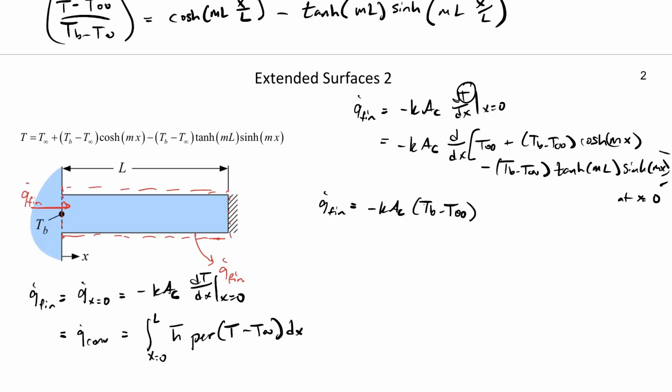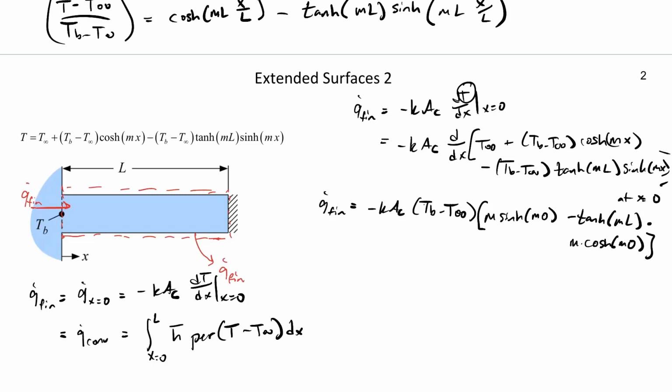The T infinity went away, and we now have m sinh of m times 0, because we're evaluating at x equals 0, minus tanh of ml times m times cosh of m times 0.